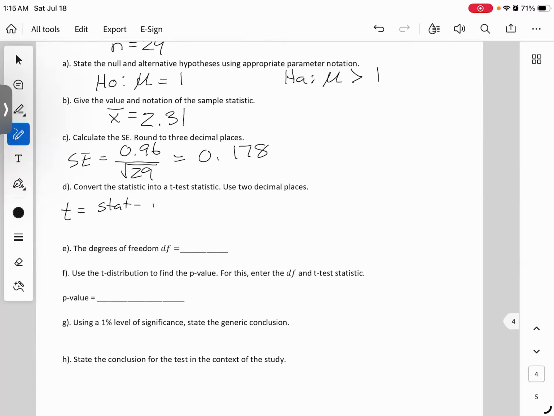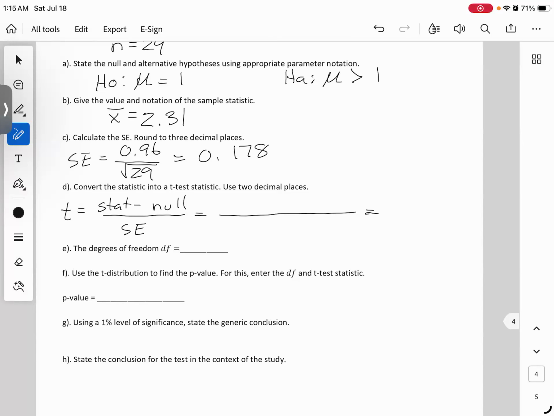So we were doing the t distribution. Take your statistic, which is from the sample, subtract the null value, and you're going to get what we usually call the statistic. And then in 5.1, we were calling it the Z statistic because we're standardizing.